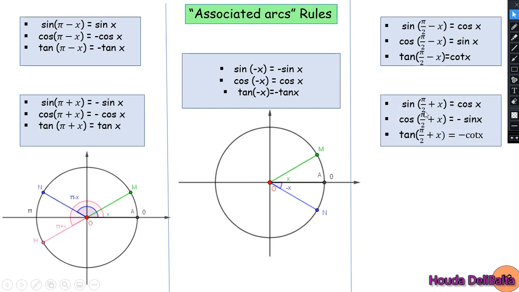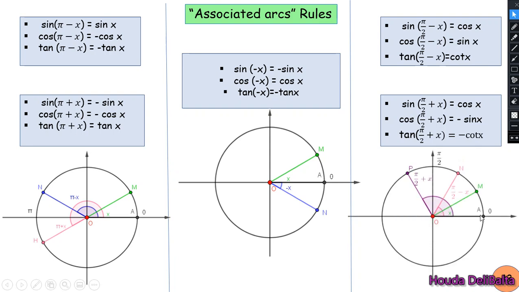Also, for pi over 2 plus x, which is in quadrant 2, sine of pi over 2 plus x goes to plus cosine x, because in quadrant 2 sine is positive. Cosine of pi over 2 plus x goes to minus sine x, and tangent of pi over 2 plus x goes to minus cotangent x. And here is the circle representing these arcs.